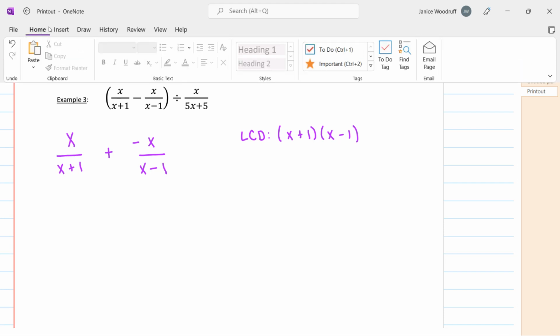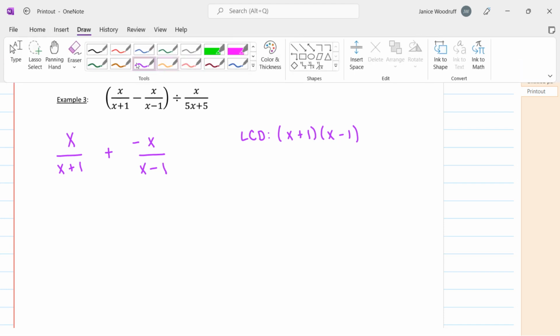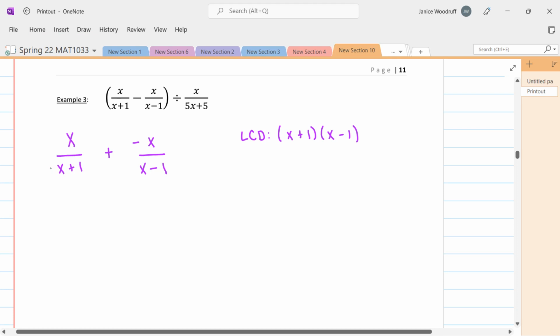Which means then I'm going to multiply each of these fractions by what they're missing. So this one is missing an x minus 1. And the second fraction is missing an x plus 1. Okay, then I'm going to multiply out across the top. So I have x minus 1 times x is going to give me x squared minus x.